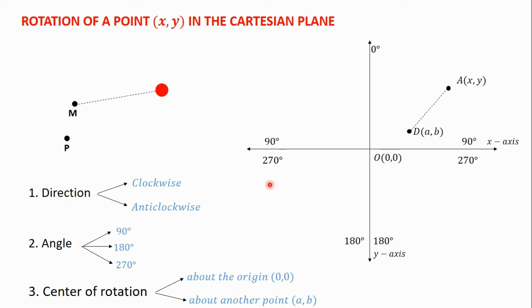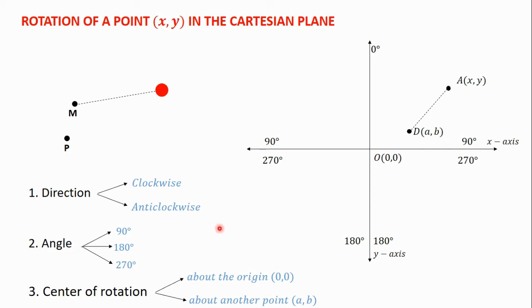We have learned that when we rotate a point or an object about another point, the final position of the point or the image of the point or the object will depend on one, the direction of rotation. And the direction can either be a clockwise direction or anti-clockwise direction. It will also depend on two, the angle of rotation.